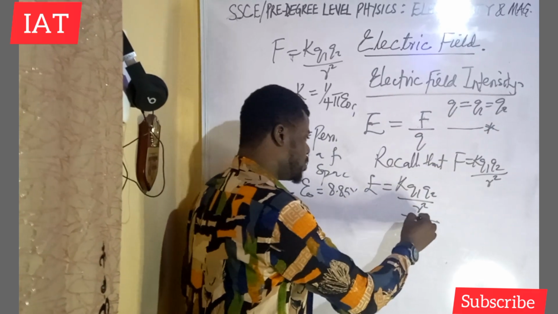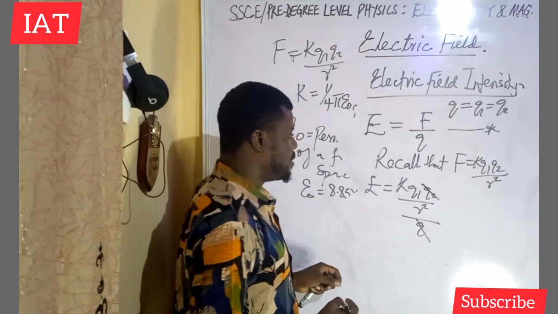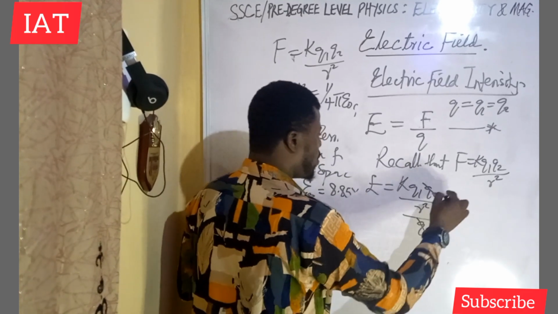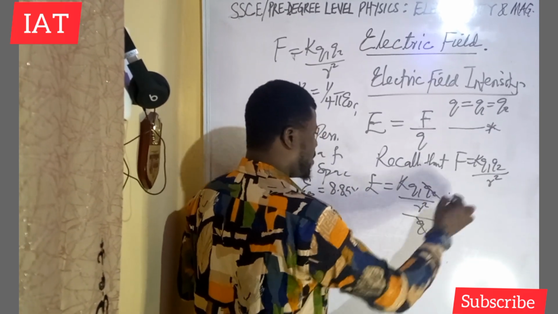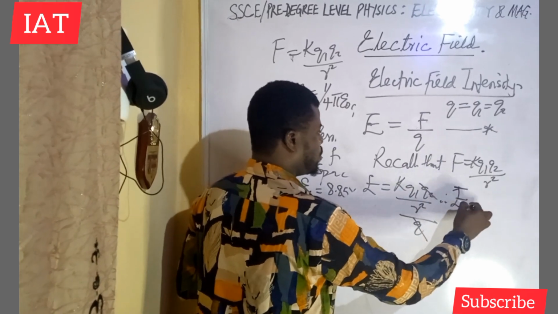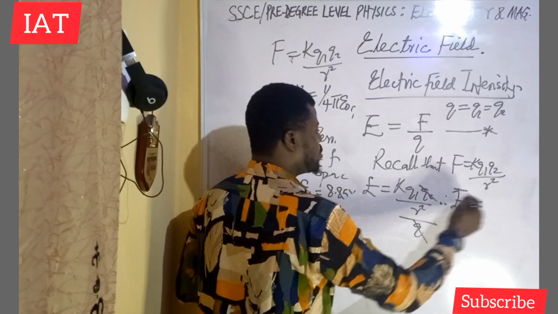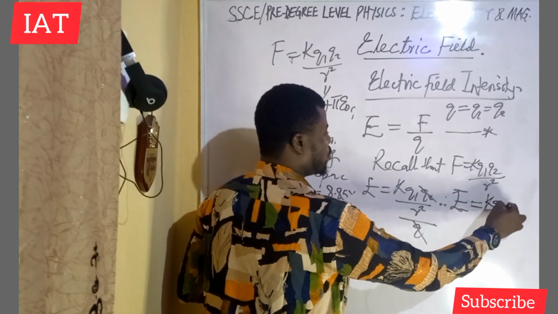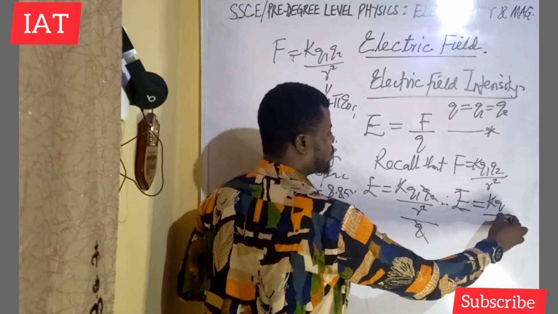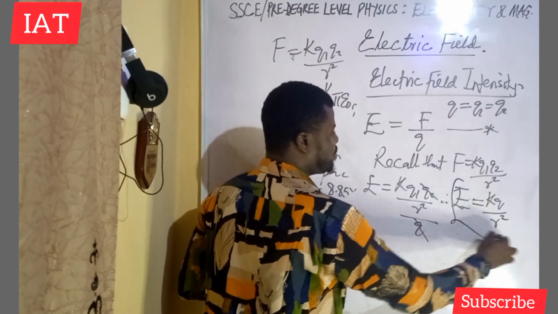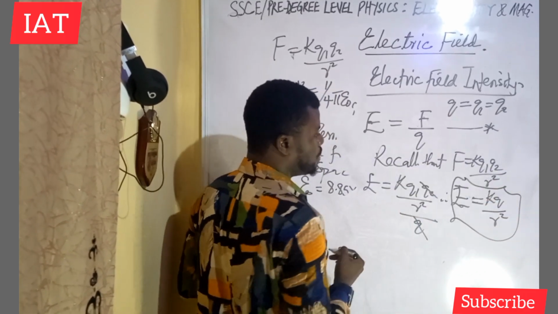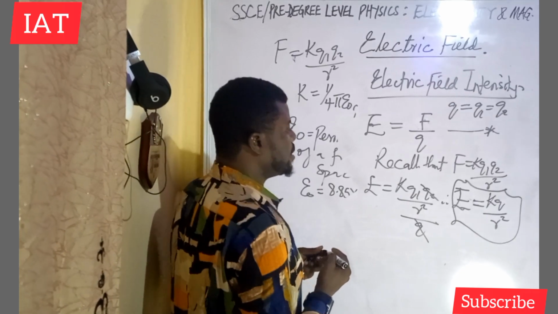So this Q can easily cancel out with any of these Qs. Therefore, E, the electric field intensity, will be equal to kQ all over r squared.